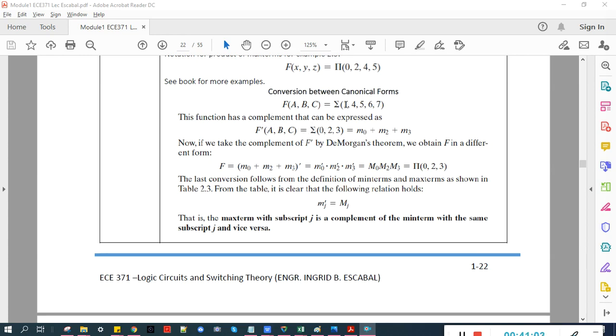Which are not part here: we have 0, 2, 3. So f prime is equal to the summation of the min terms 0, 2, 3: m0 plus m2 plus m3. Now if you take the complement of f prime by De Morgan's theorem, you obtain f in a different form.